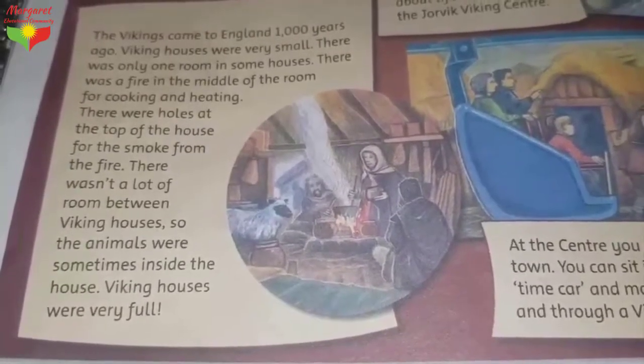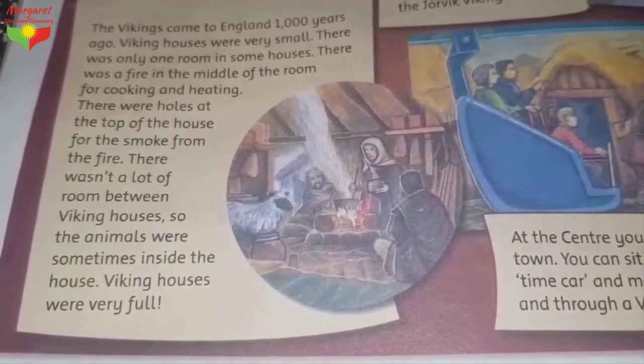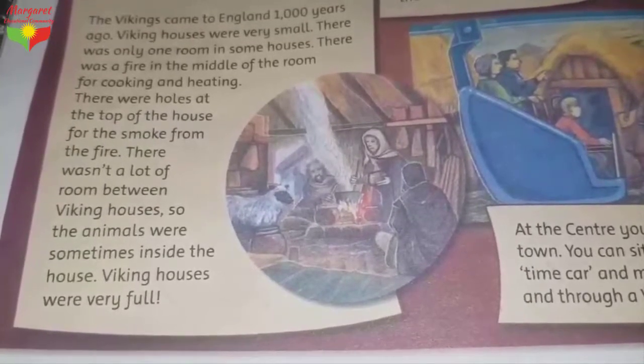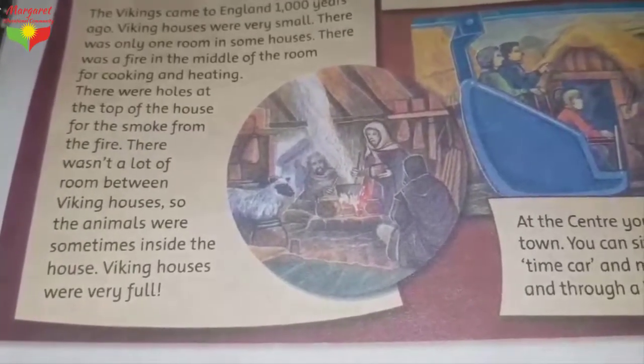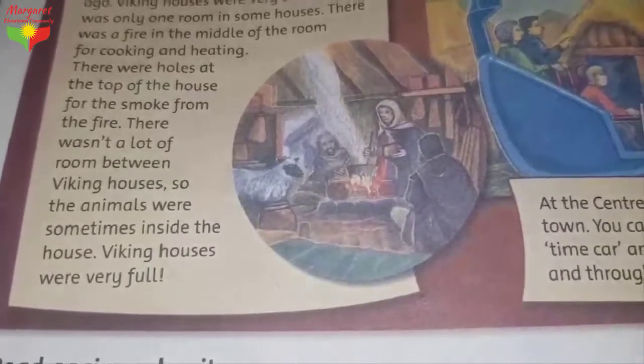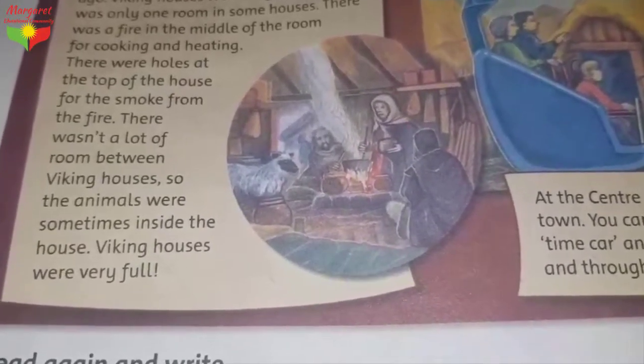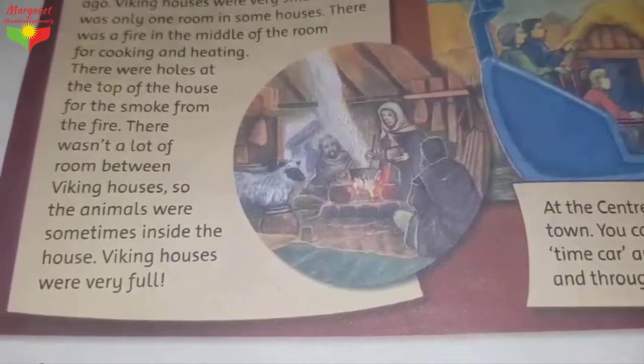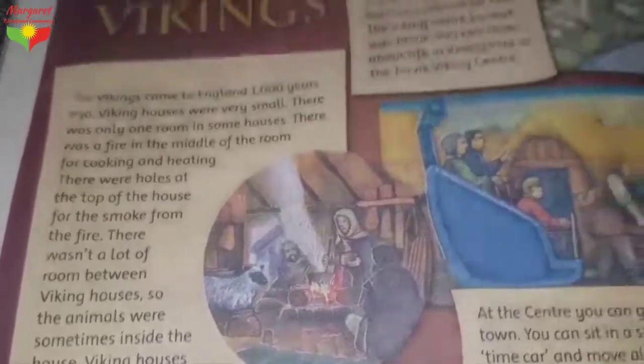There were holes at the top of the house for the smoke from the fire. There wasn't a lot of room between Viking houses, so the animals were sometimes inside the house. Viking houses were very full.